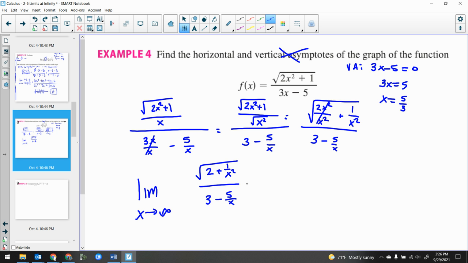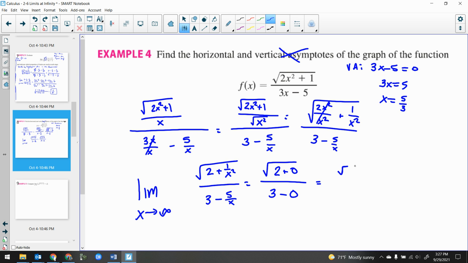Well, what does that mean? That means the limit as x goes to infinity of 2 is 2. The limit as x goes to infinity of 1 over x squared is 0. The limit as x goes to infinity of 3 is 3. The limit as x goes to infinity of negative 5 over x is 0.